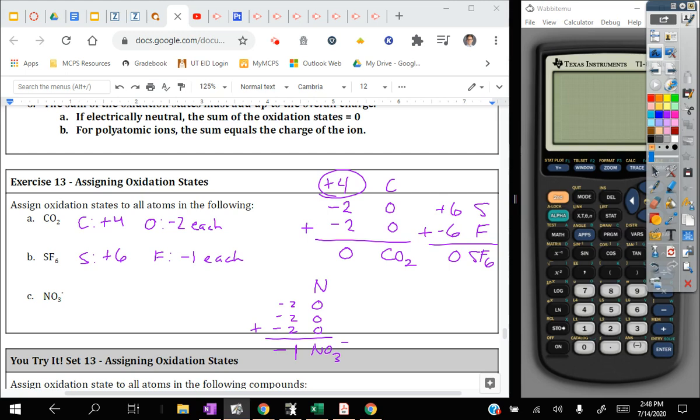So if each oxygen contributes -2, that means overall -6 is being contributed by my oxygens. Nitrogen has to be a +5 because 5 and -6 makes -1, which is the charge of nitrate. So nitrogen has to be +5, and oxygen has to be -2 for each.